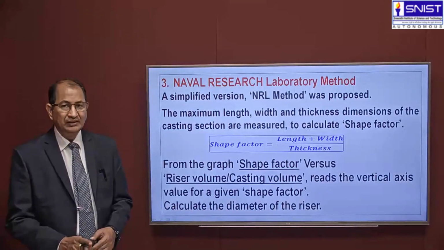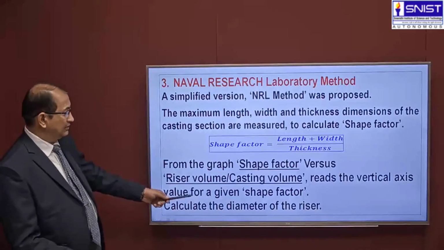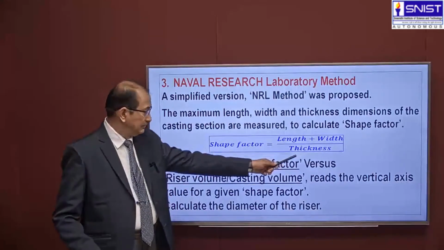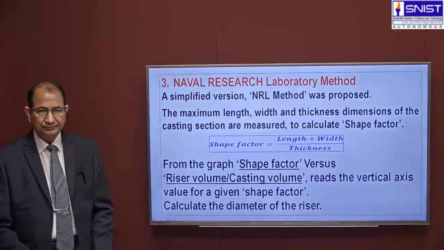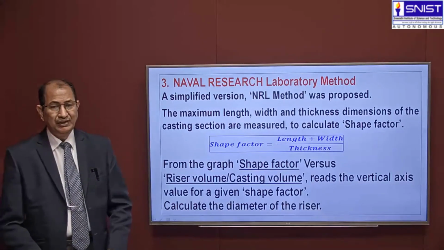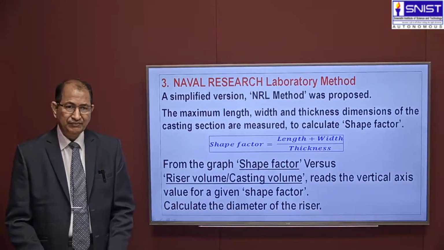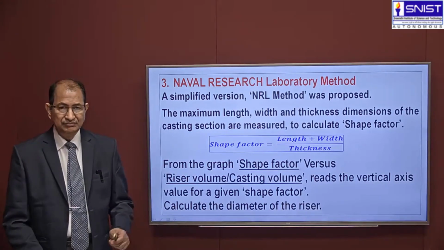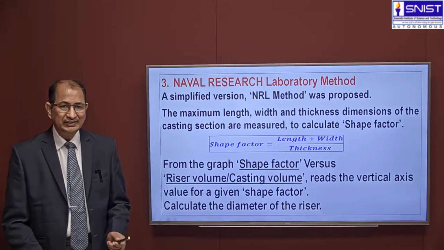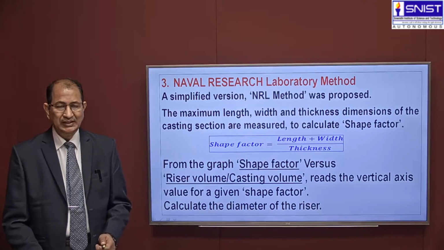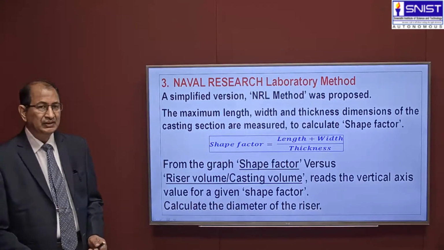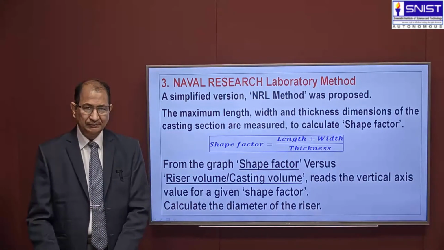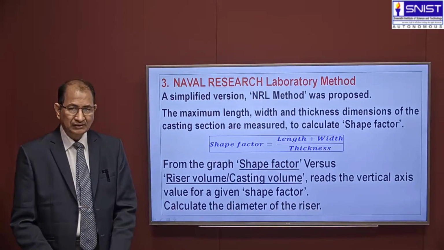Then you will calculate the shape factor. Shape factor is equal to length plus width divided by the thickness. Once you know the shape factor, from the graph of shape factor versus riser volume divided by casting volume, you read the vertical axis value for a given shape factor. From that, we can calculate the diameter of the riser.